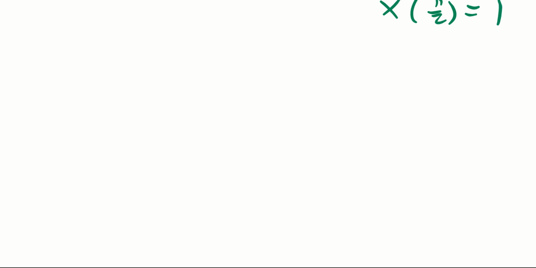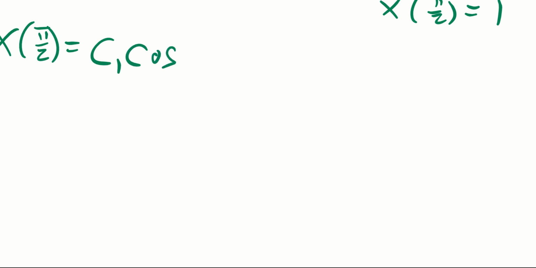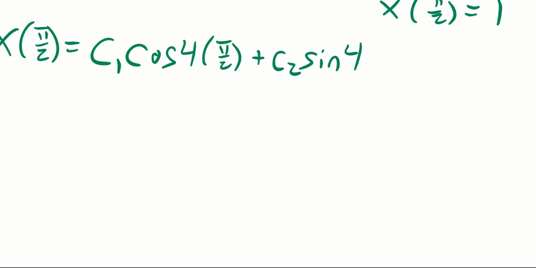Let's go ahead and, first of all, let's look at this initial condition right here. If we plug pi over 2 into this function, that's going to give us c1 times the cosine of 4 times pi over 2 plus c2 times the sine of 4 times pi over 2. That value should be -2.